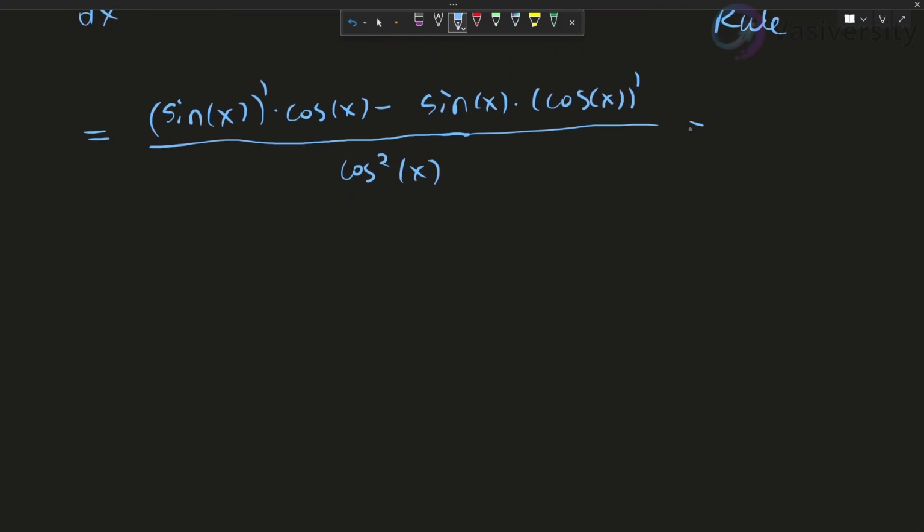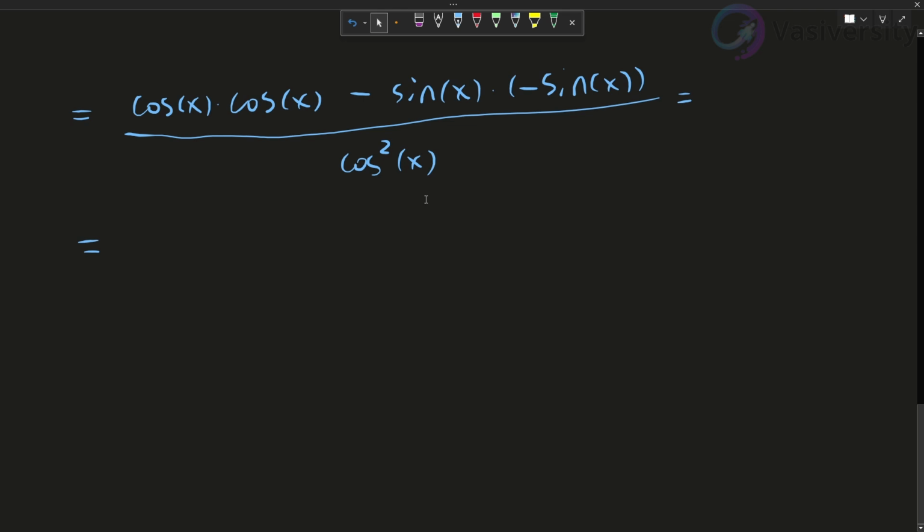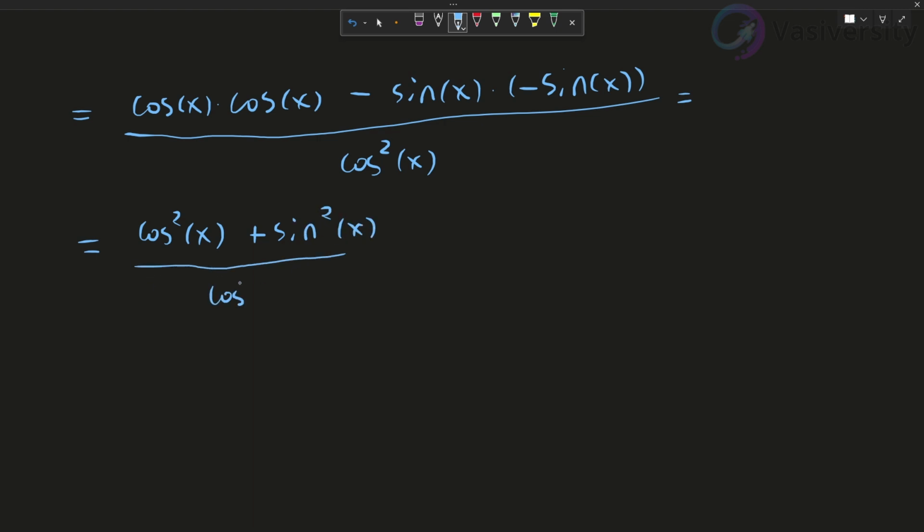Okay, so that's equal to the derivative of sine, which is cosine of x, times cosine of x, minus sine of x times negative sine of x, all over cosine squared x. So we can notice that we're going to have cosine squared x plus sine squared x all over cosine squared x.